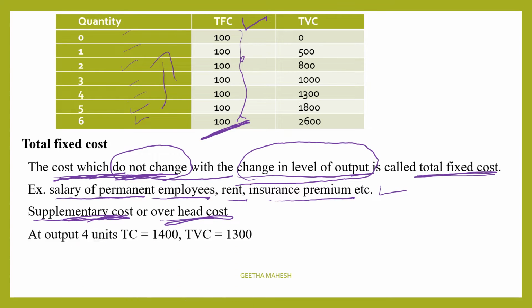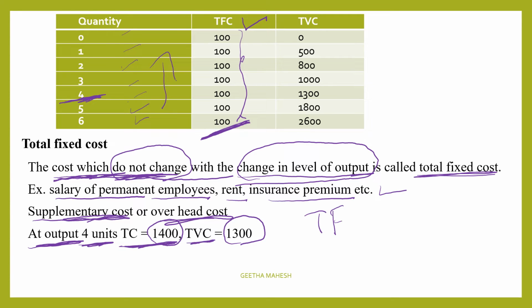Let us understand this with a numerical example. At output equal to 4 units, total cost is 1400 and total variable cost is 1300. So how will you find out total fixed cost? The formula for total fixed cost is total cost minus total variable cost.